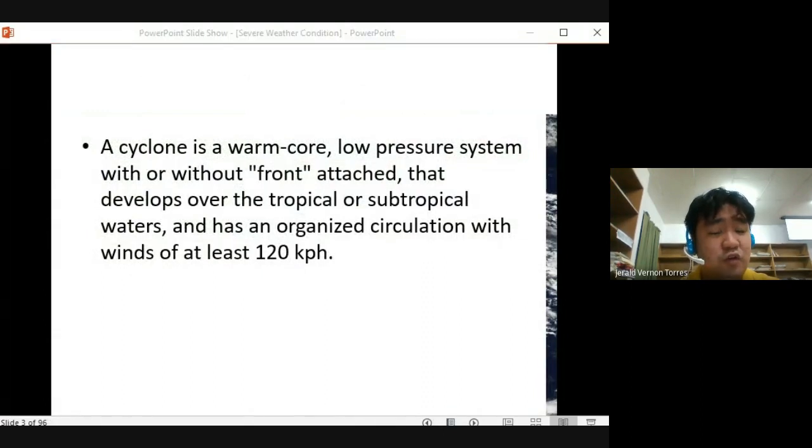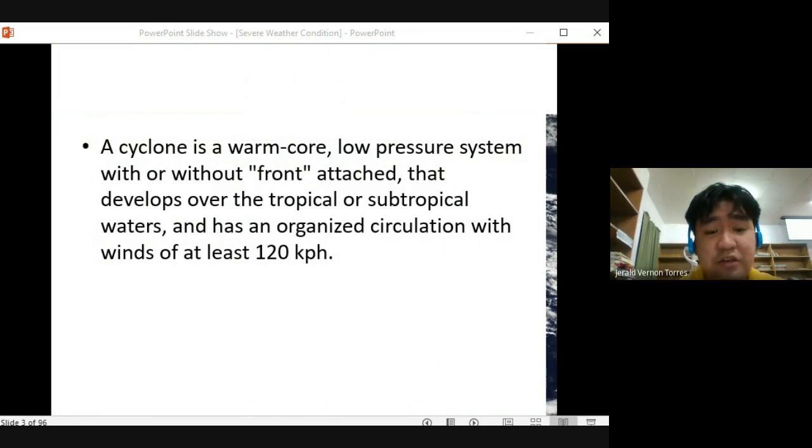If you're going to look at this, this is a very complex definition of a hurricane. Pero do not worry, later on, we will dissect this definition one by one. Ano bang ibig sabihin ng bawat portion ng definition na yan so that you will understand what really a hurricane, a typhoon, or a cyclone is as a weather disturbance. So when we're speaking of cyclone, it's a warm core.